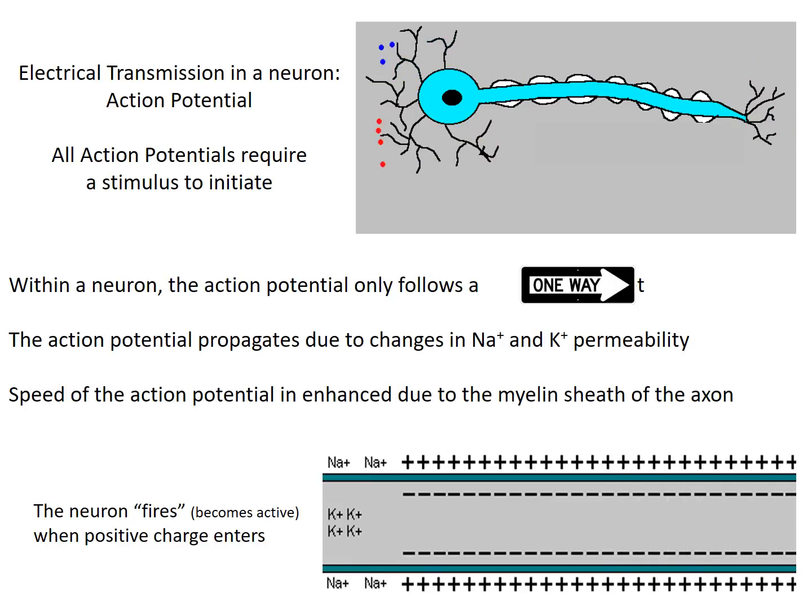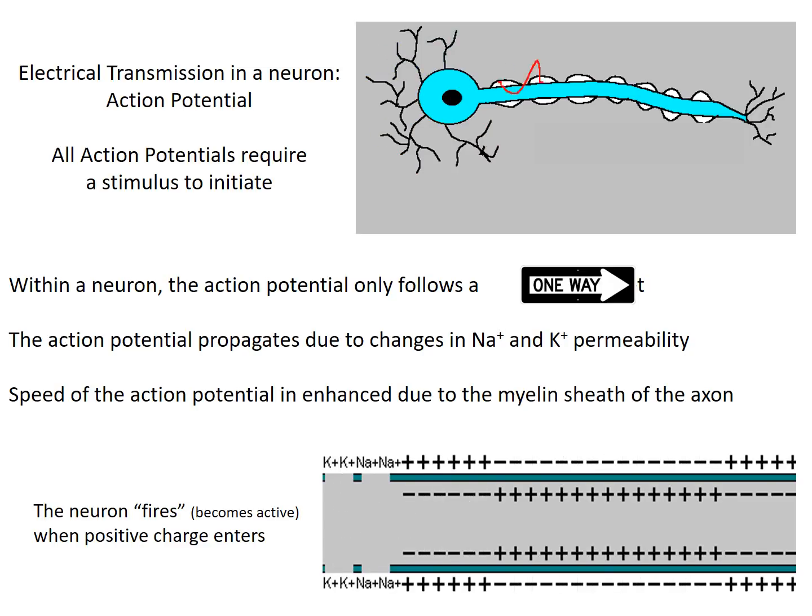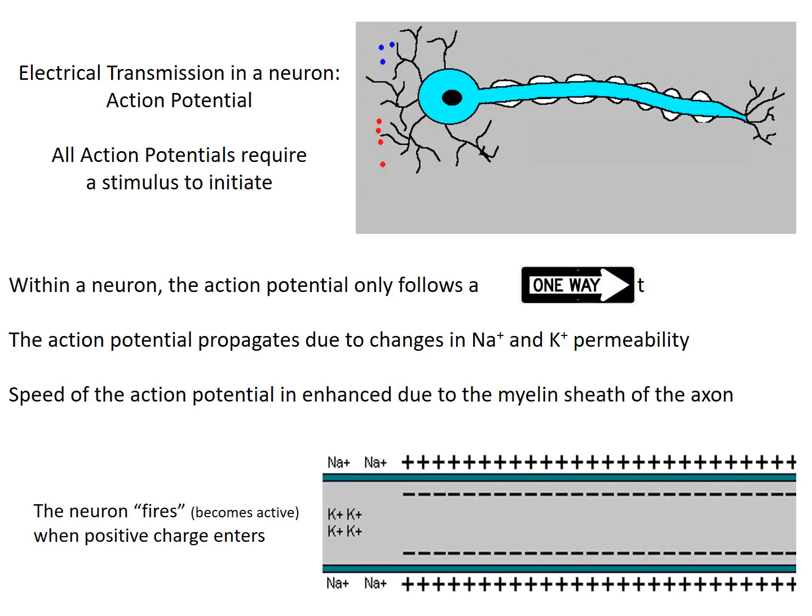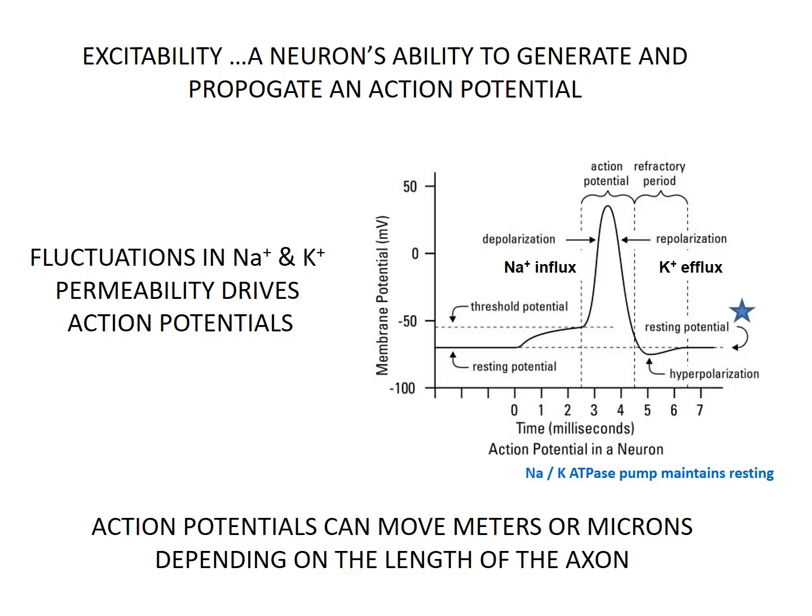You can only fire one action potential at a time. You can fire them very fast and very repetitively, but you can only fire one at a time because you do have that inhibitory phase, that repolarization phase.